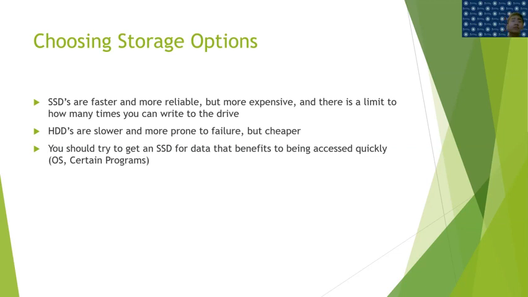And it should be noted that as of right now, the price between the traditional SATA SSDs and the NVMe SSDs is actually quite similar. So you can choose whichever one you want, although not all motherboards support the NVMe type.